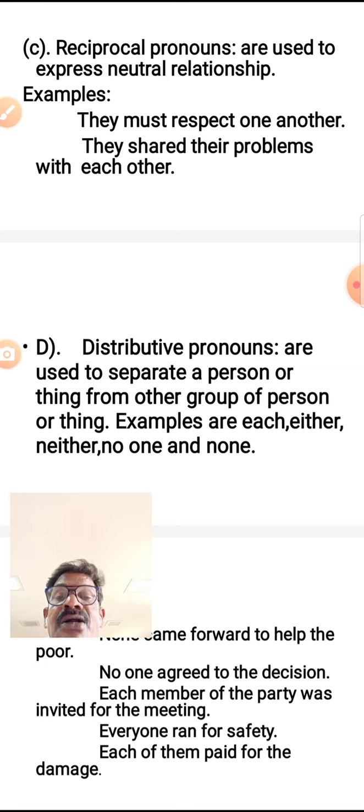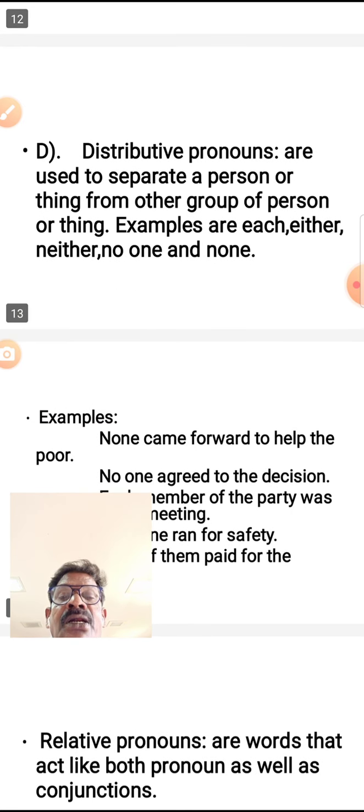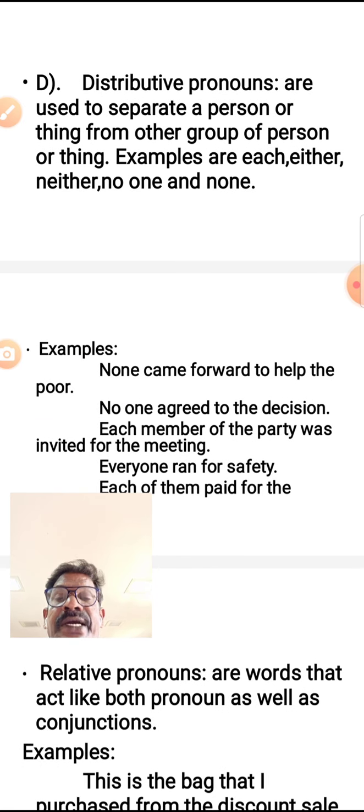These are called distributive pronouns. Let us go for examples of distributive pronouns.